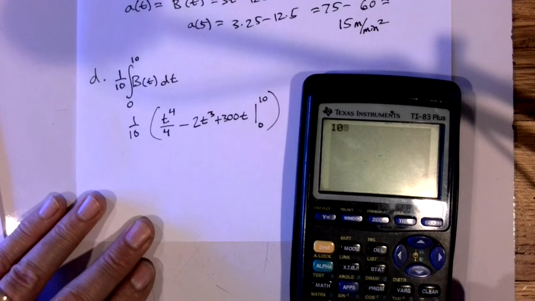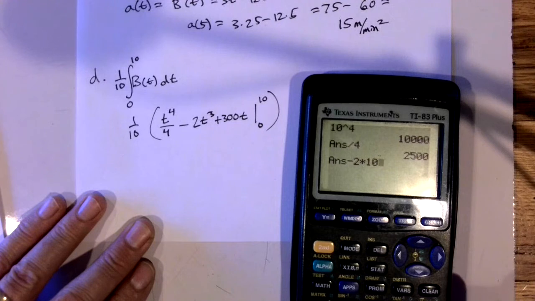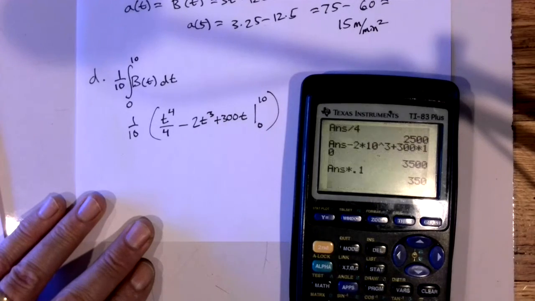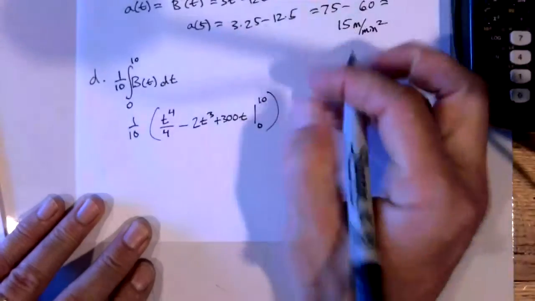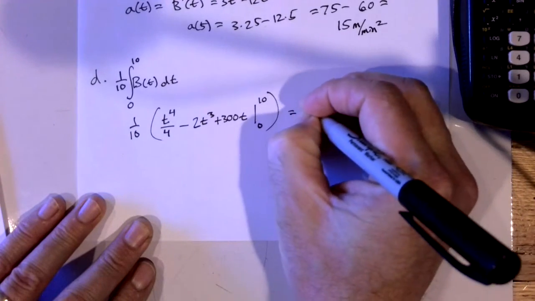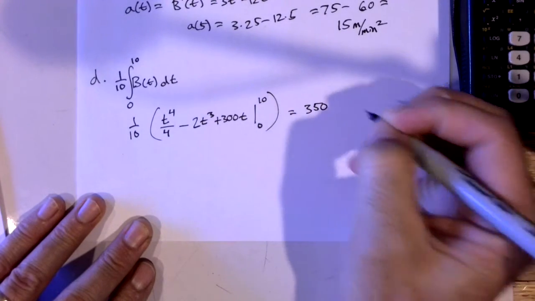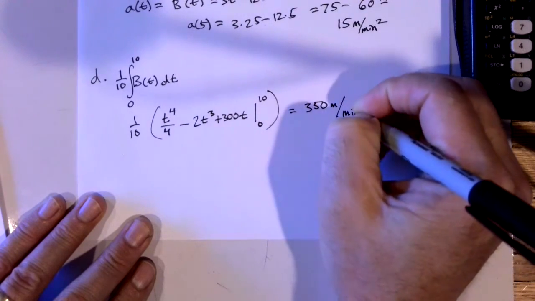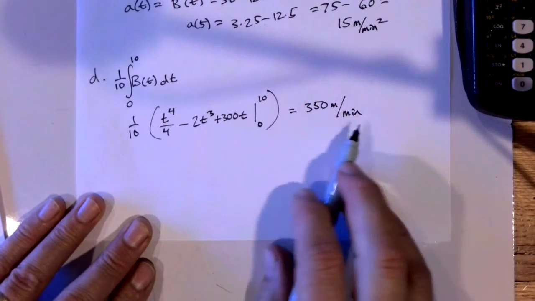So 10 to the 4th, we're going to divide that by 4, minus 2 times 10 raised to the 3rd, plus 300 times 10. And then you multiply it by 0.1 or 1/10, we get 350. So that is equal to 350 meters per minute. So that's the average velocity we're looking for in the outcome.